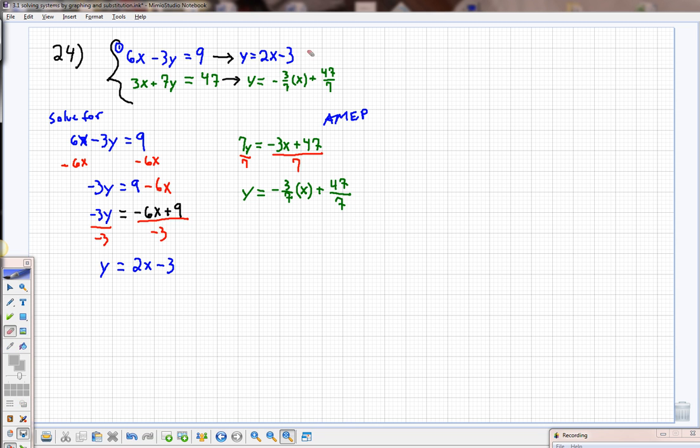That irks me too much. I can't write that as 47 over 7. Well, I know that 7 goes into 47 6 times. What's my remainder there? 5, so 6 and 5/7. And now I could plot that as a y-intercept. I know that I could go up about 5/7 and estimate that.